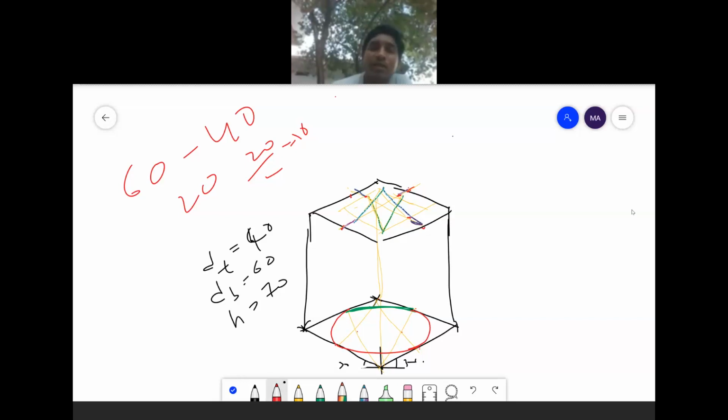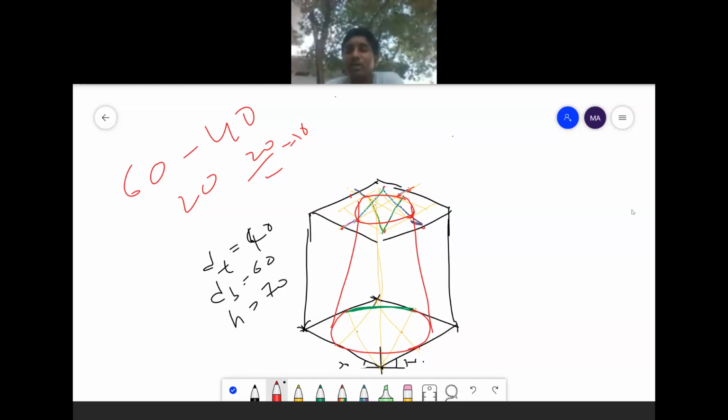I will take this as center, this as a radius, and draw an arc, and similarly for the other three. After that I will join these two. In this way you have to draw the frustum of a cone. Understand?